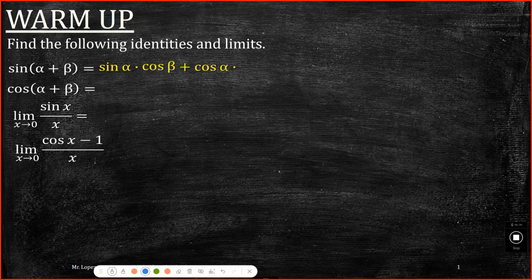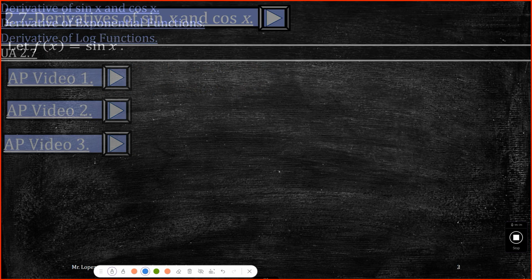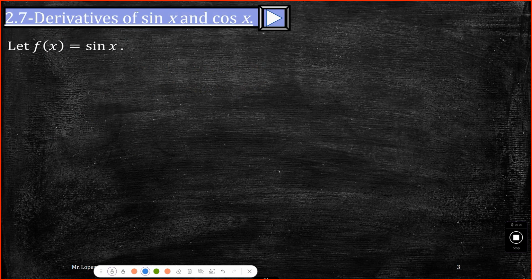So here's the proof. What would be the derivative of sine x? If we have f of x equals sine x, then what is f prime of x? So what's the derivative of sine x?